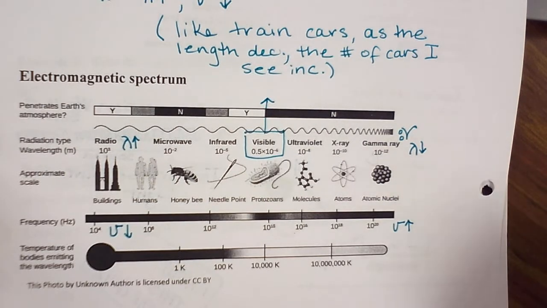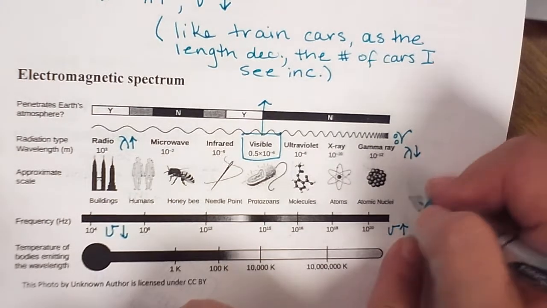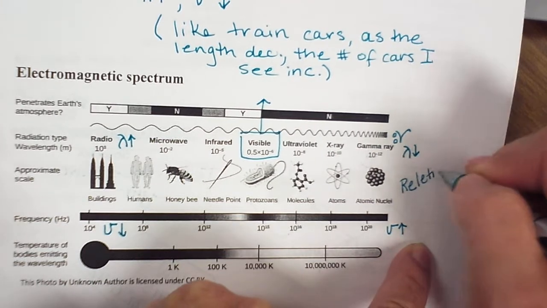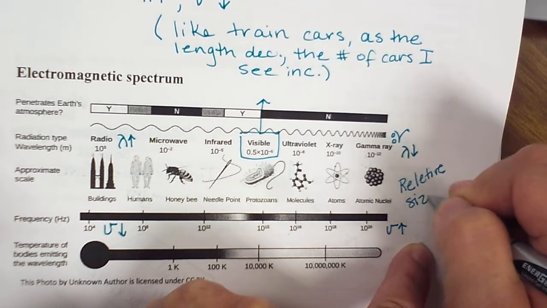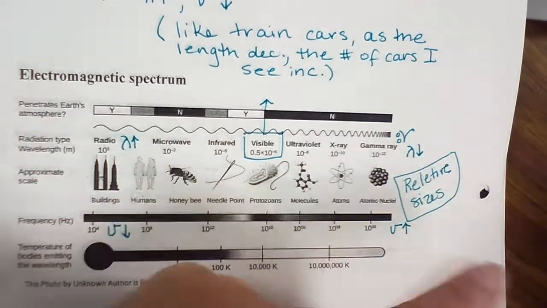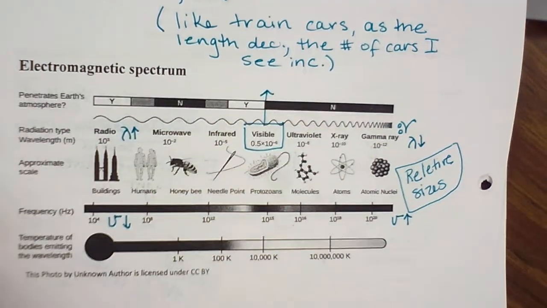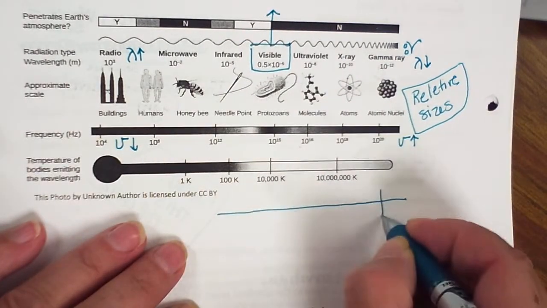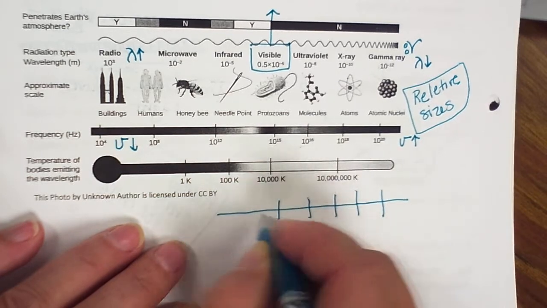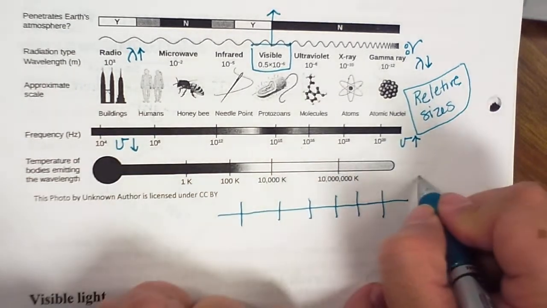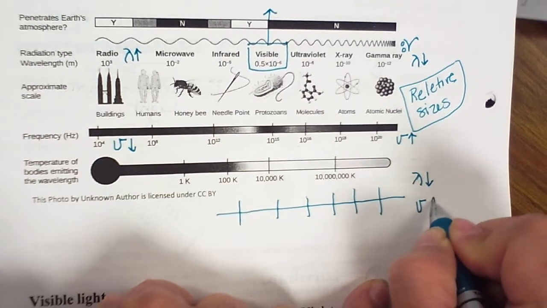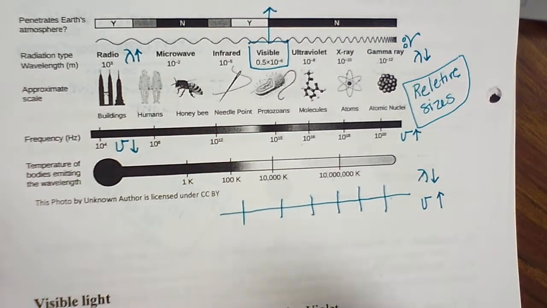Now, what do you need to know about this electromagnetic spectrum for your quiz and your knowledge? You need to know the relative sizes. So what that means is, if I was putting this on my periodic table, I would put the smallest wavelength and then the largest frequency, and then I would line them all up, because that's all you need to know.